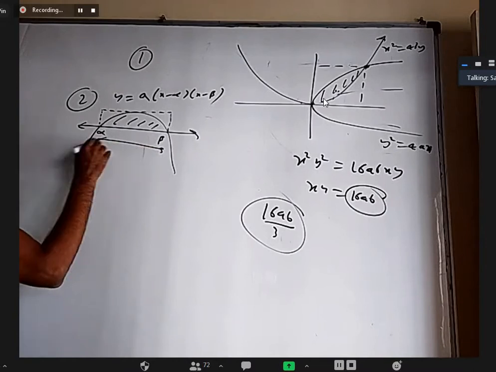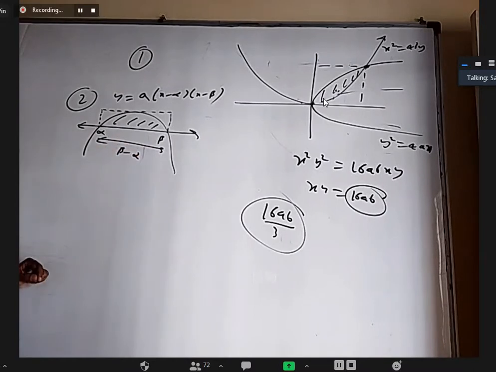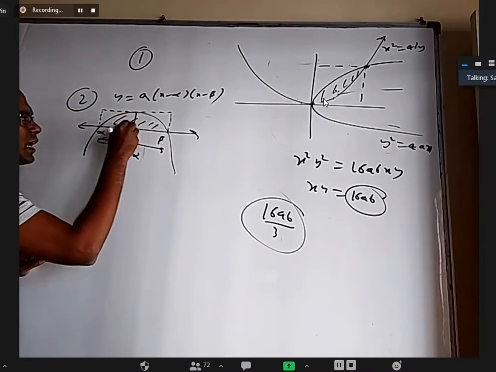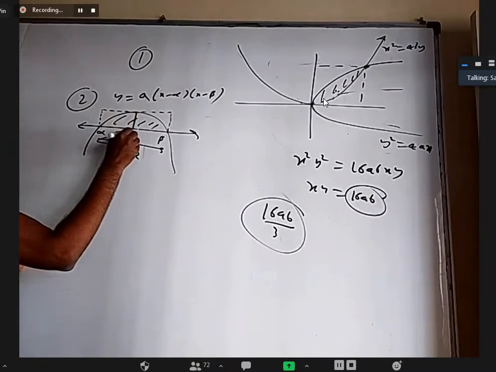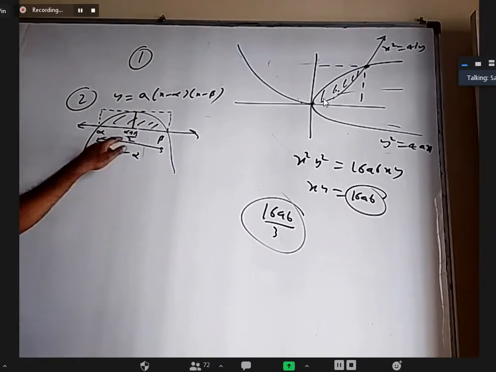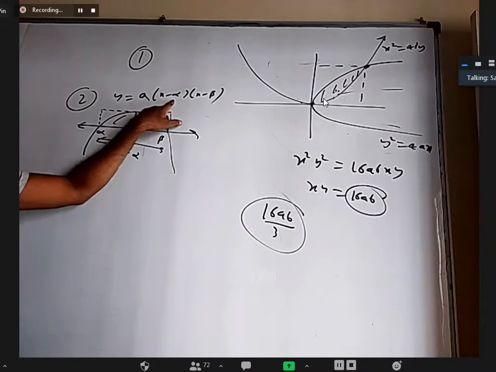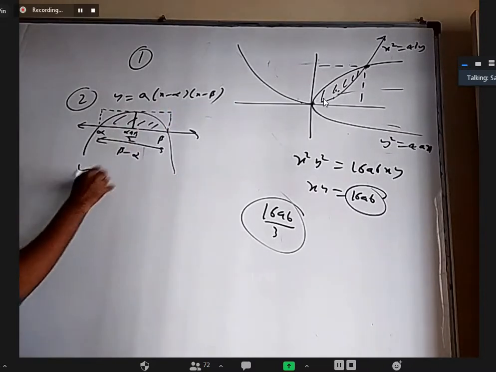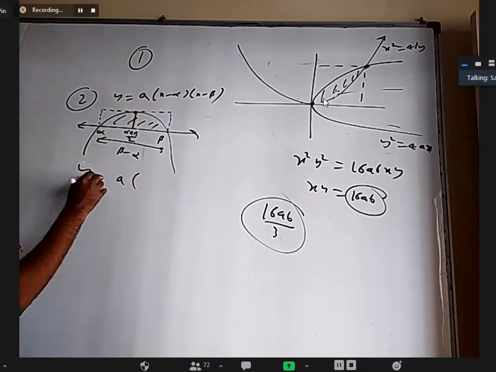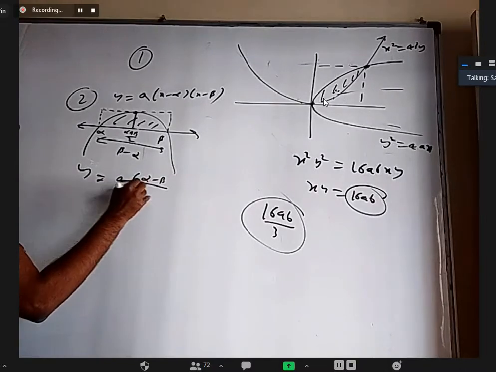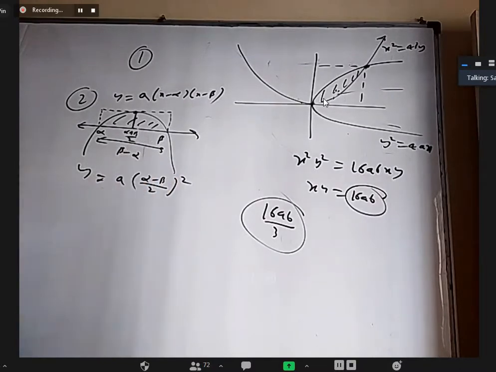What is this width? Obviously, beta minus alpha. What is this height? It will happen at alpha plus beta by 2. When you substitute that here, we get the y coordinate of this point as a into alpha minus beta by 2 whole square. Because a is negative, we'll get another minus also, because it's a downward parabola.